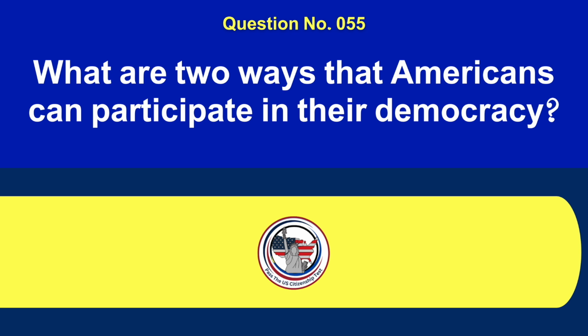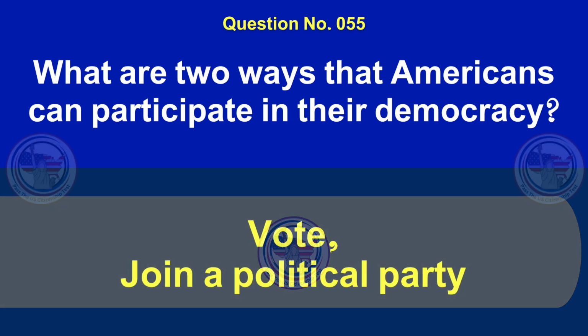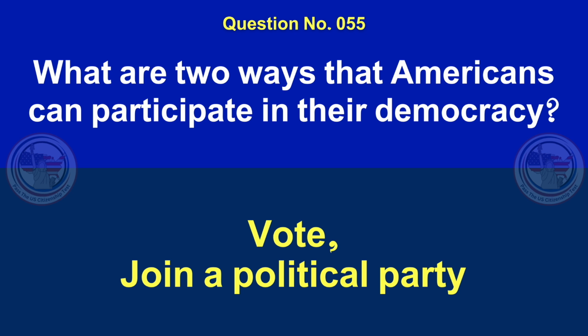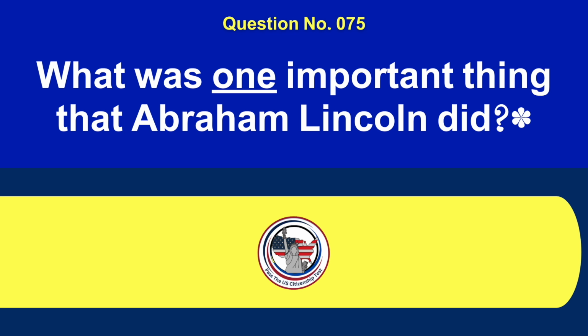What are two ways that Americans can participate in their democracy? Vote. Join a political party. What was one important thing that Abraham Lincoln did?